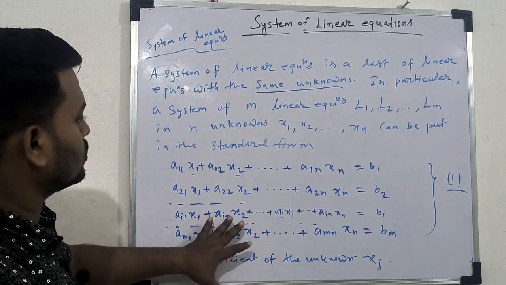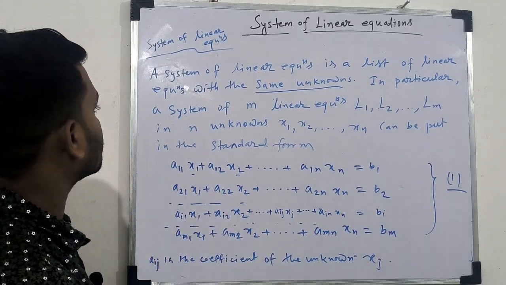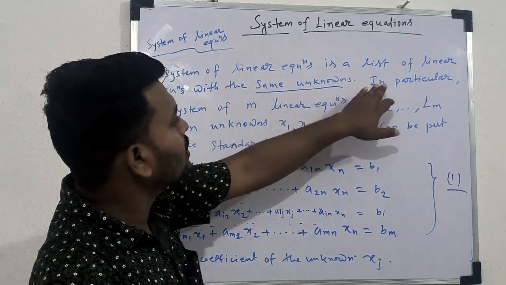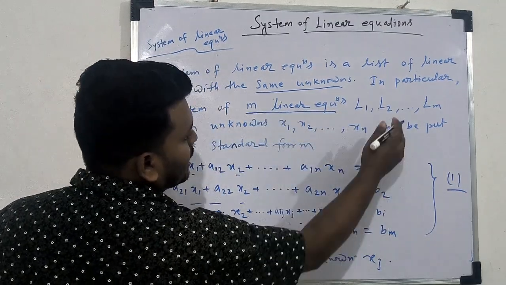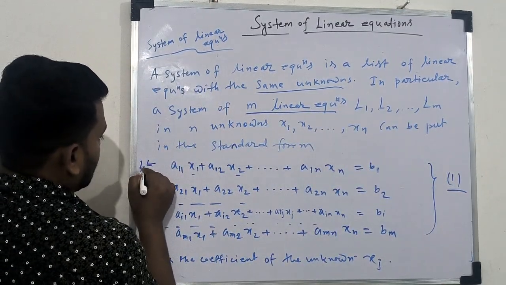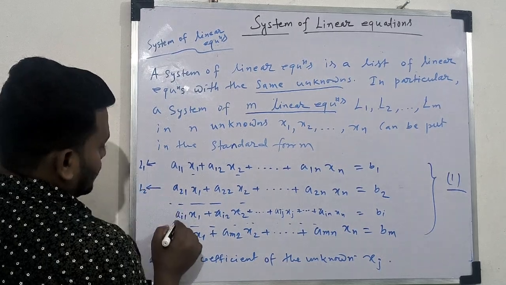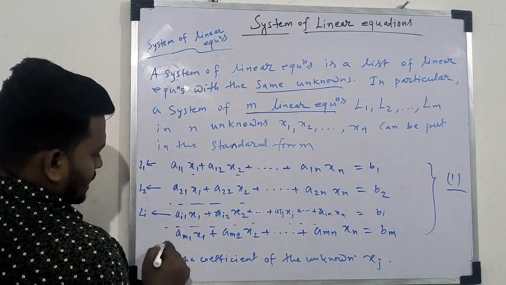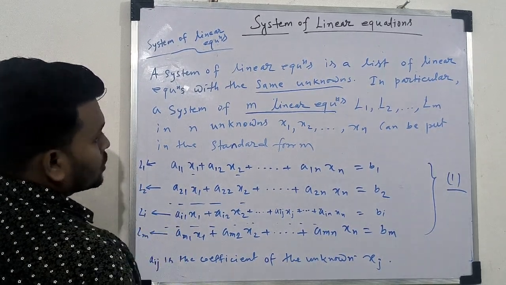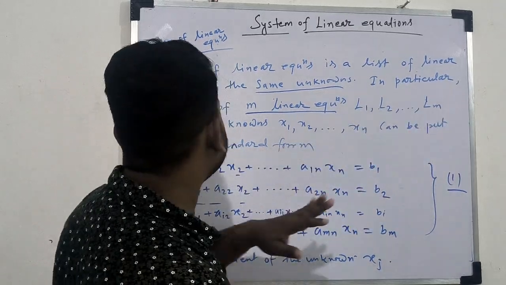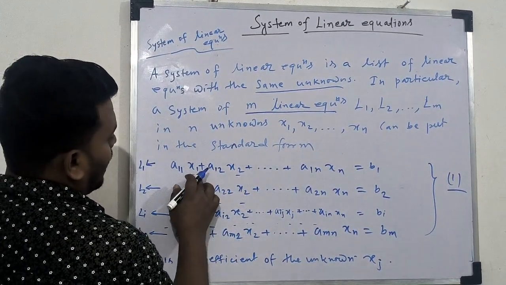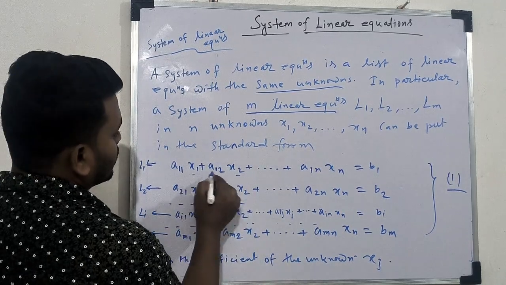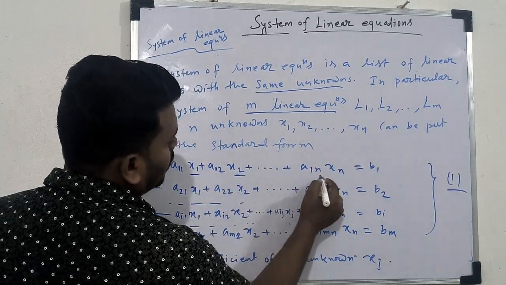In particular, a system of m linear equations, that is L1, L2, Lm, in n unknowns, where n unknowns means x1, x2, xn.